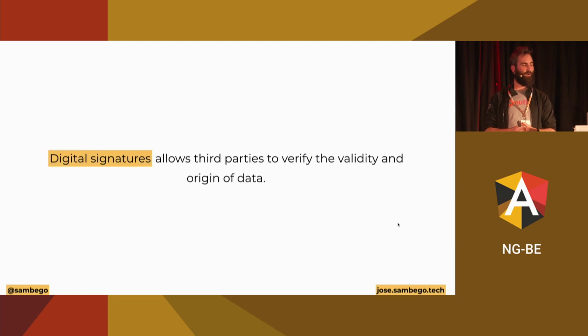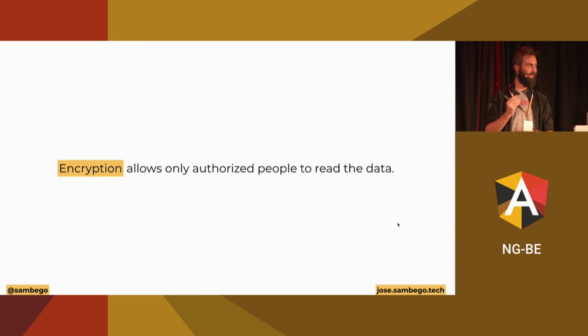Digital signatures allow third parties to verify the validity and origin of data. If you want to send something to some other party and they want to make sure that what they're receiving is the exact thing that you have sent, you can send along a signature which basically verifies that what they are receiving is or is not the thing that is intended for them to receive. Encryption allows only authorized people to read the data.